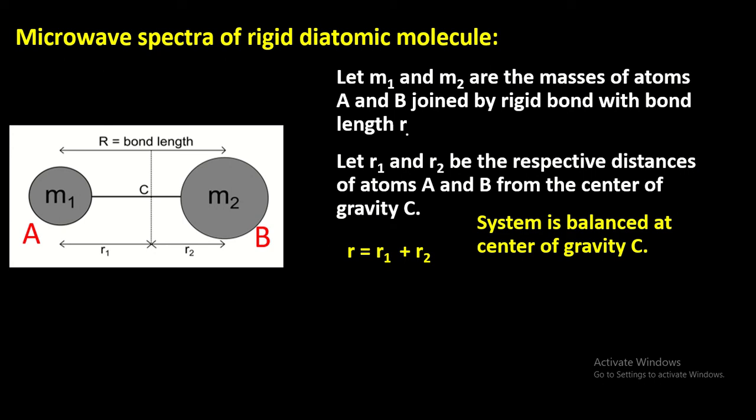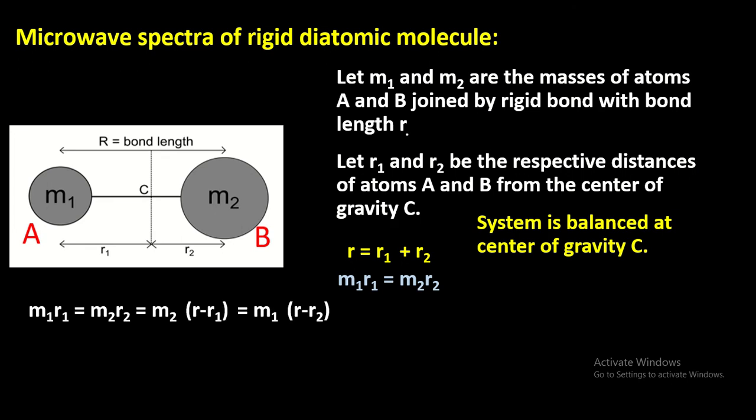The system is balanced at the center of gravity C. Therefore, M1 R1 equals M2 R2.